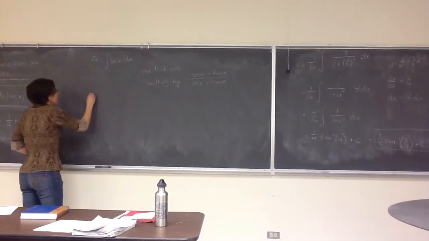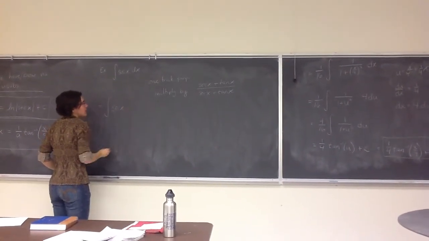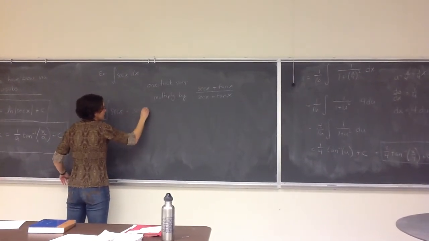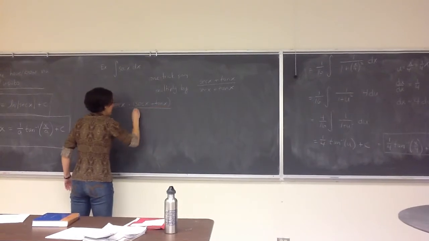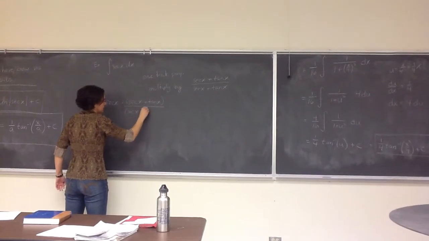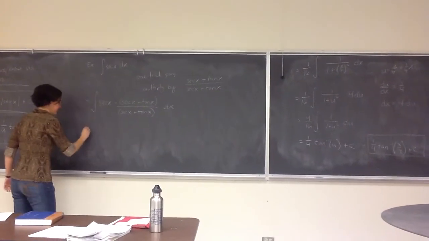Let's see what happens. We have the integral of secant x times secant x plus tangent x over secant x plus tangent x, and then I've got a dx at the end.